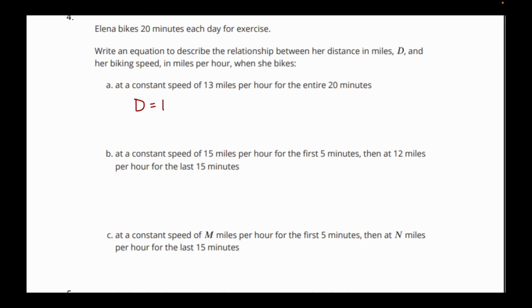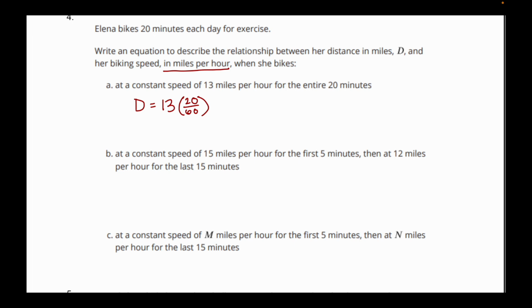So her rate, but our time we need to be hours, but if she's saying 20 minutes, we're going to multiply this basically by 20 over 60. And that would be our relationship here.